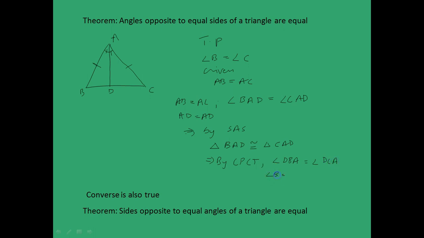That is, angle B is equal to angle C. Hence proved. So we have proved that angles opposite to equal sides of a triangle are equal. The converse also holds. The converse being sides opposite to equal angles of a triangle are equal. These are very important properties, especially when dealing with isosceles triangles or equilateral triangles.